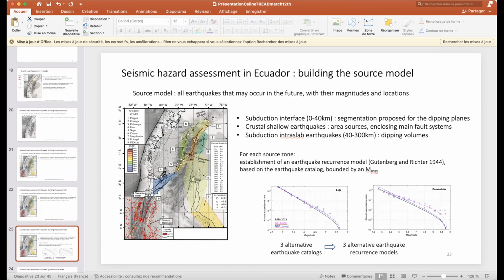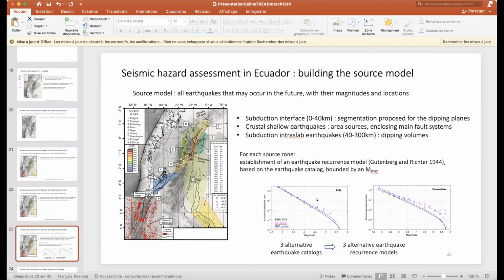Once the source zones are defined, most often the earthquake catalog is used to model the recurrence, and the recurrence is usually established from the moderate magnitude range, magnitude 5 to 6, 6.5, and then extrapolated up to a maximum magnitude. In this study, we decided to take into account the uncertainty on the building of the earthquake catalog, and so we used 3 alternative catalogs based on 3 different strategies of merging and homogenizing seismic data sets.